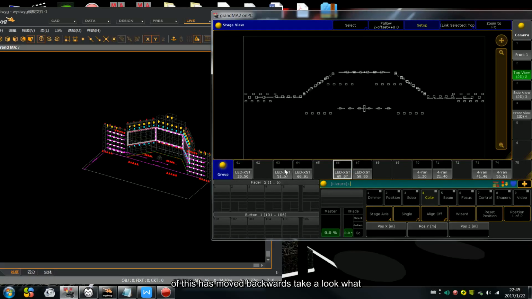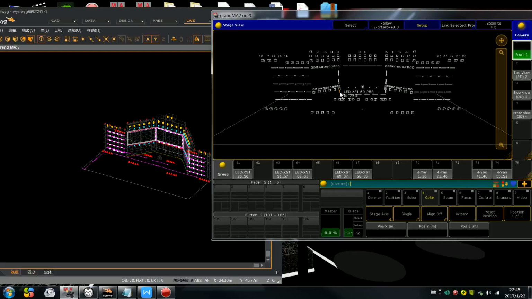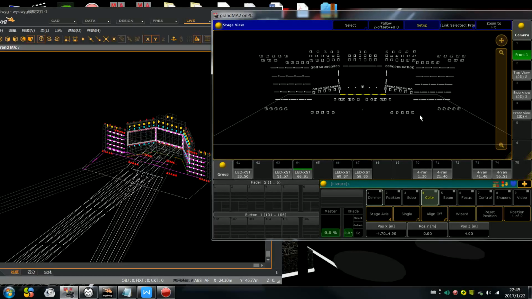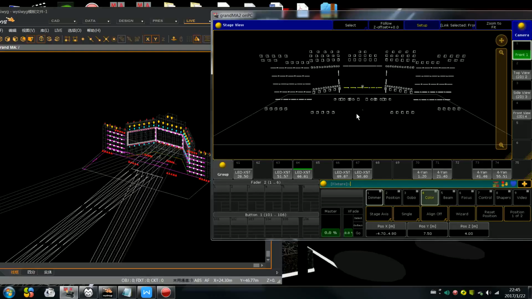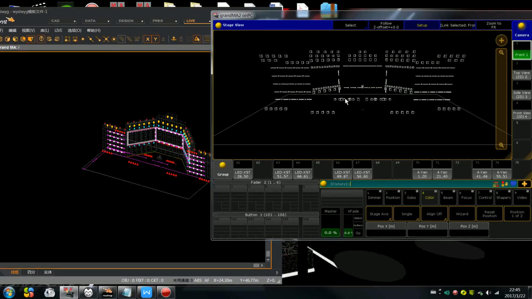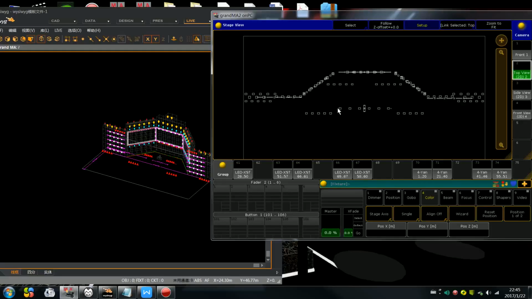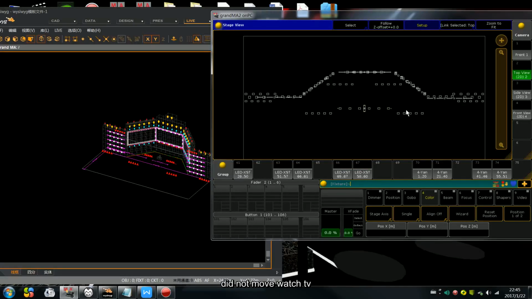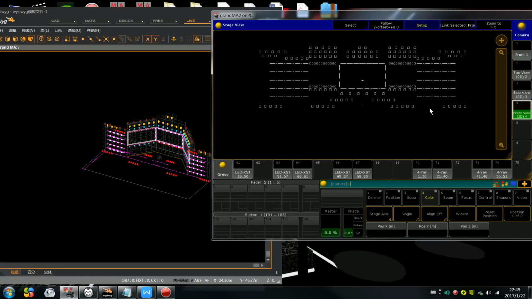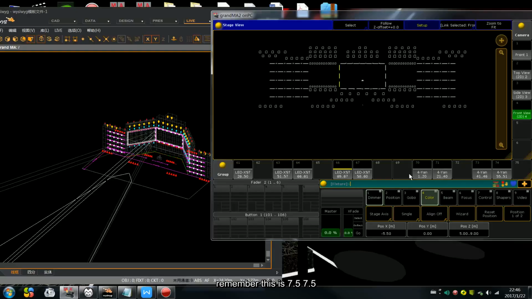Take a look. What is this? The other side did not move. Watch TV. Remember, this is 7.5. 7.5.